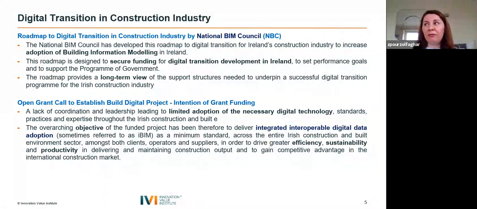Based on this call, we have been working with industry partners and trying to submit a proposal. It's very competitive and the proposal has not been successful, but we have the base for the proposal and we are going to resubmit it to another funding opportunity. That's what we are doing, and we are hopeful to continue collaborating with industry partners.